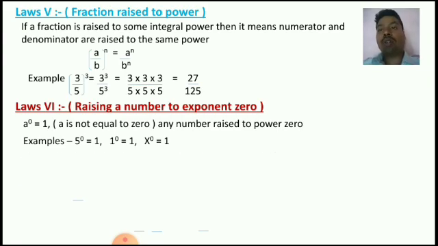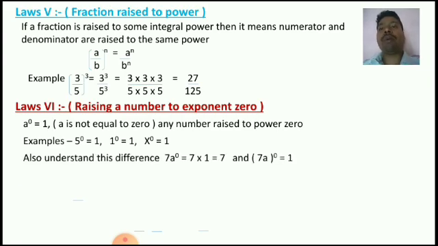We also have to understand this difference: 7a raised to 0. In this case a has power 0 and 7 has power 1. So 7 we write as it is, and a raised to 0 means 1. So 7 into 1 is 7. Our answer is 7a raised to 0 is equal to 7.